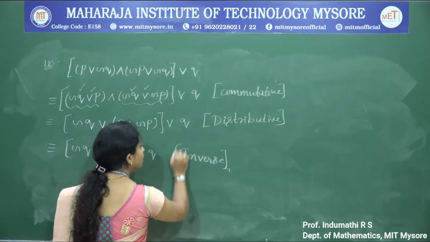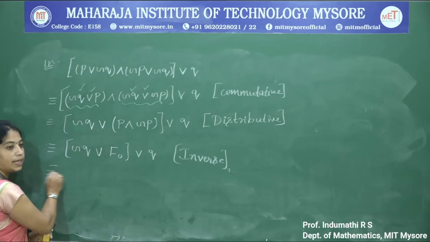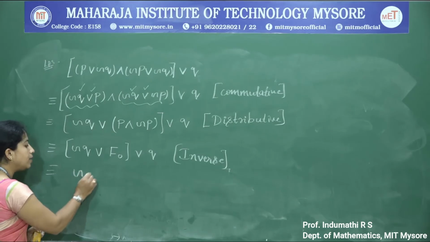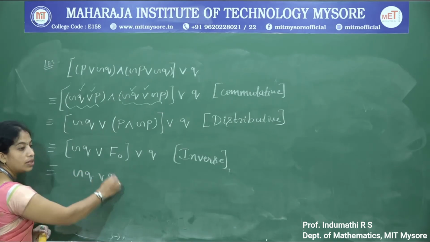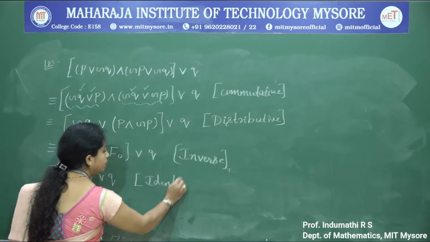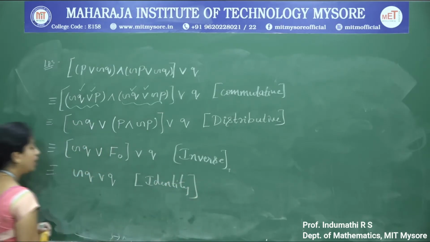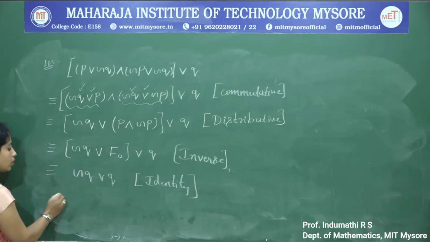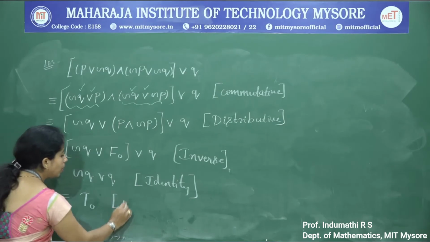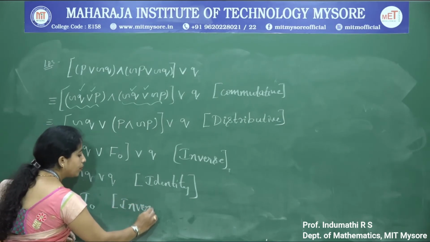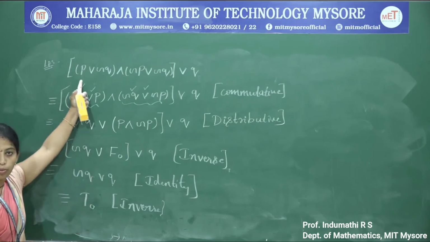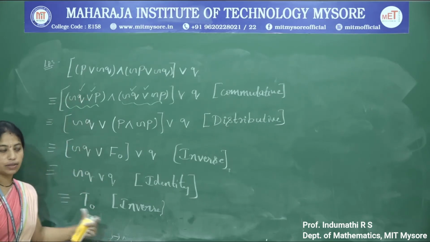Again, this is logically equivalent to negation Q disjunction F naught, as negation Q, disjunction Q. This is by using law of identity. Again, negation Q disjunction Q is logically equivalent to T naught. This is by using law of inverse. See the last step, that is T naught. Therefore, the given compound proposition is tautology.